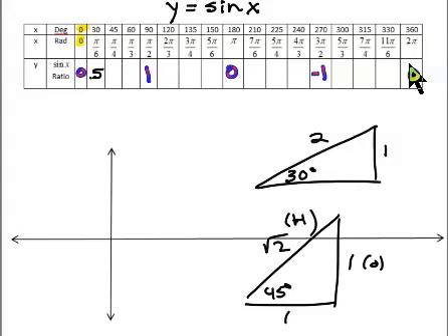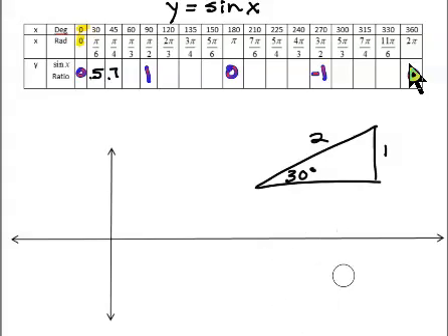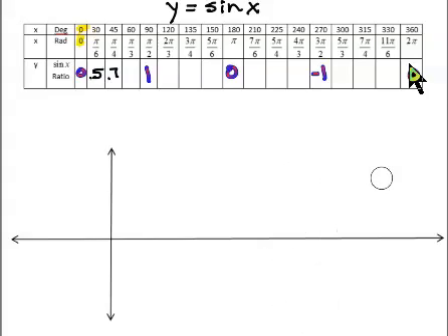Well, 1 over square root of 2 as a decimal is really close to 0.7. Then if we did the same at 60 degrees, opposite over hypotenuse would be square root of 3 over 2. That would be very close to 0.9. We could also put those in our calculator. We could put sin of 60 in our calculator and we would get something very close to 0.9.